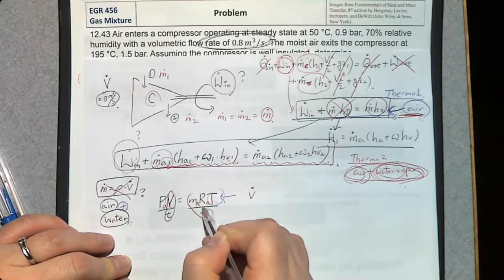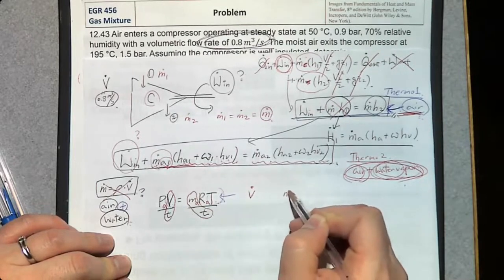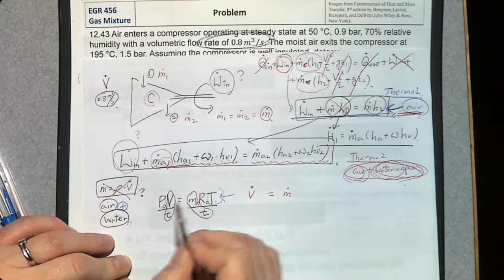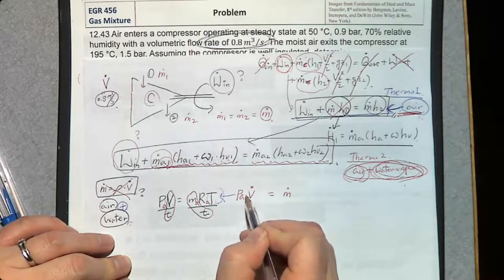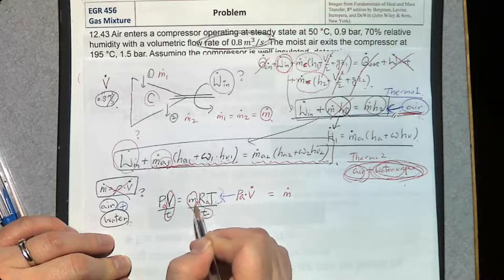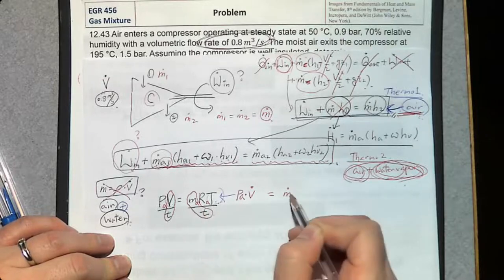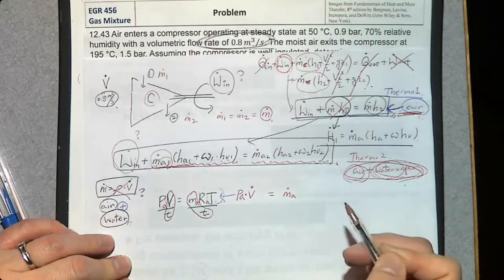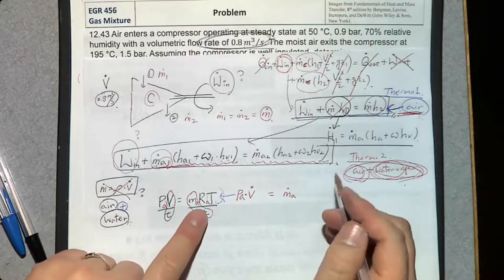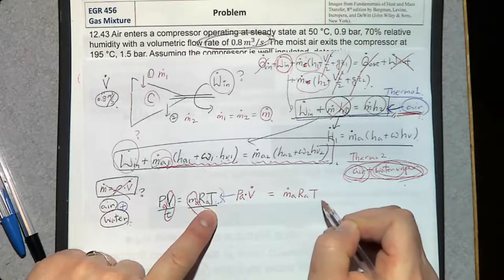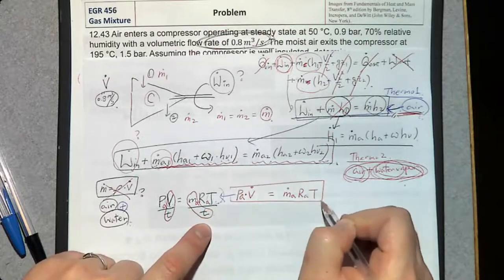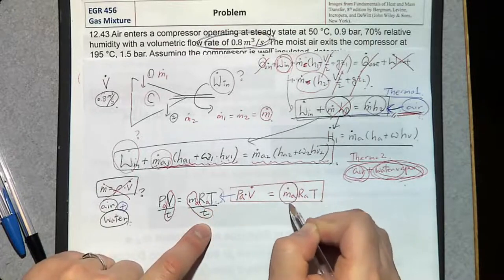M over time is going to be m dot. By the way, there's a PA in front. It's not just m, it is mA. So instead of m dot, it's going to be m dot of A. We have RA, we have a T. So using this equation, we can calculate m dot A.